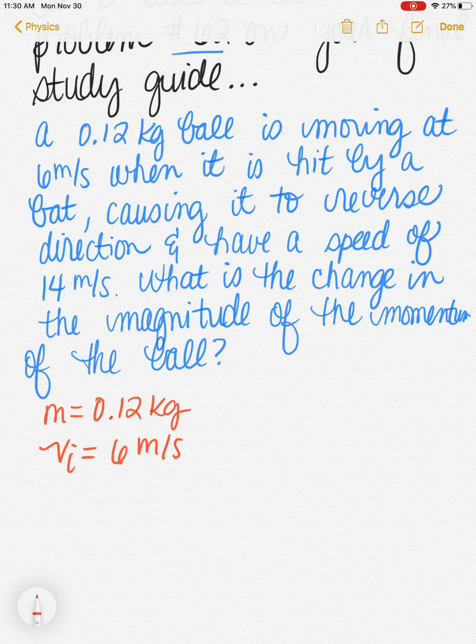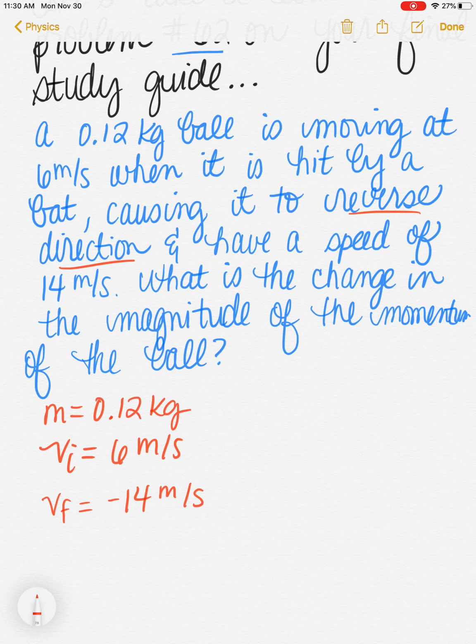When it's hit by a bat, causing it to reverse direction, which is important, and have a speed of 14 meters per second, the final velocity here is going to be negative 14 meters per second. The reason why we call it negative is because it's in the opposite direction. So velocity is a vector, so direction is very important.